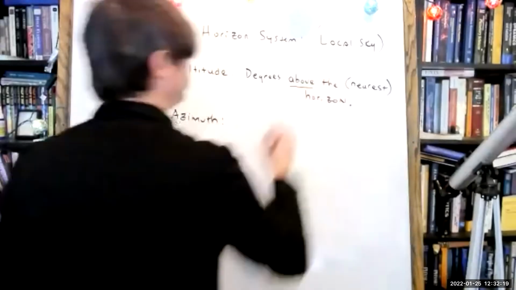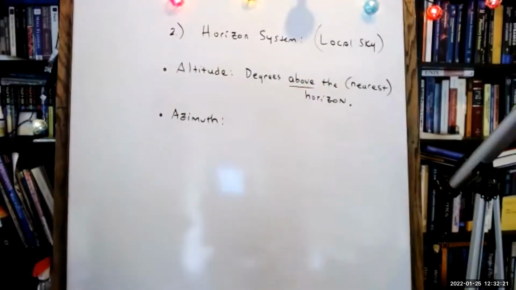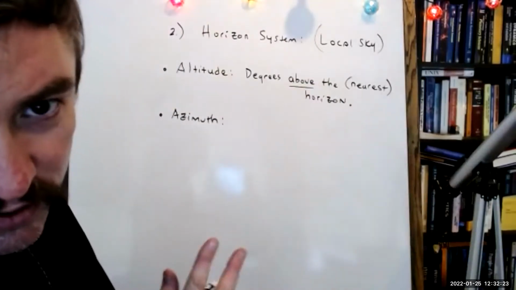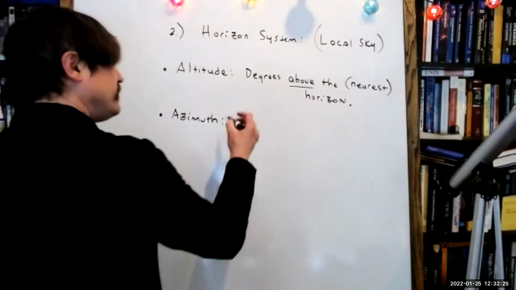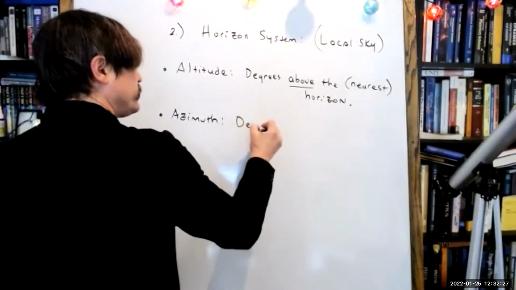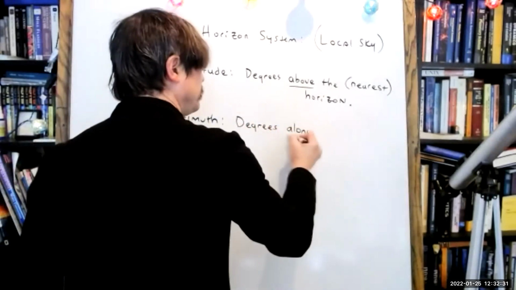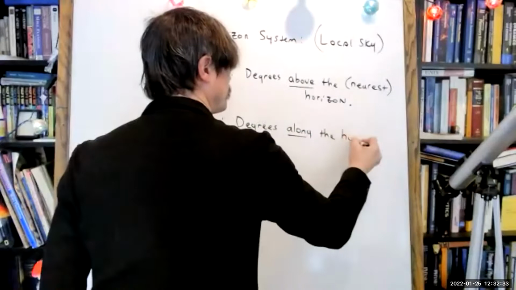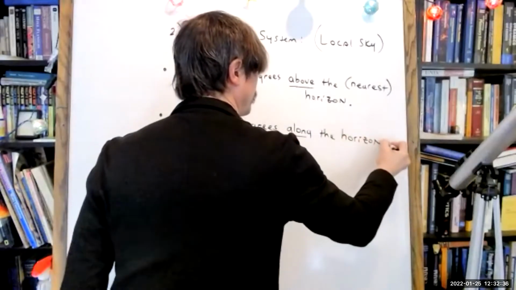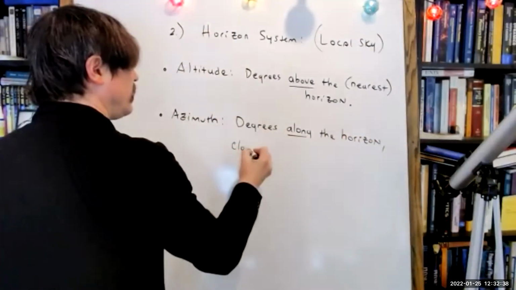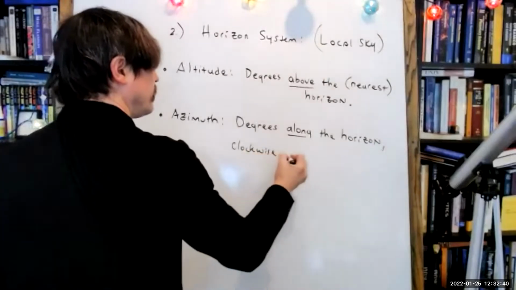Let's underline above. Your azimuth, which is similar to direction, north, south, east, west, is measured in degrees along the horizon, measured clockwise from north.